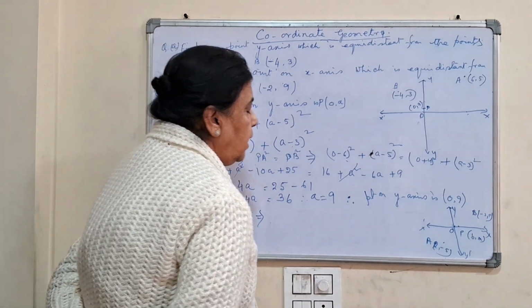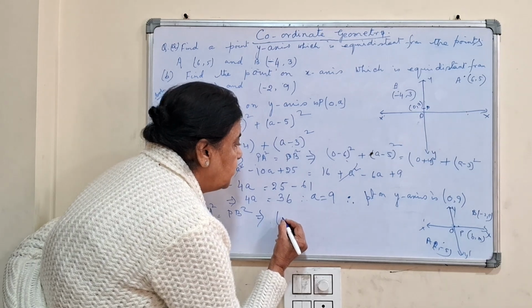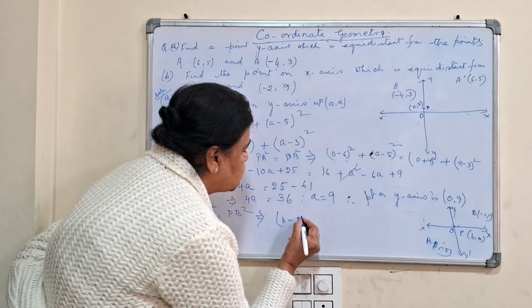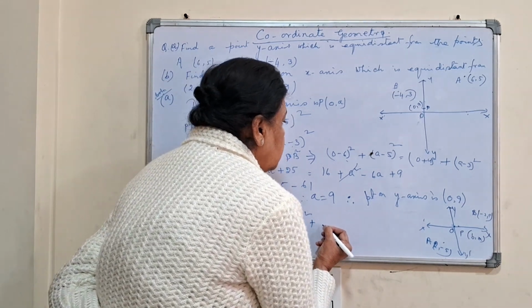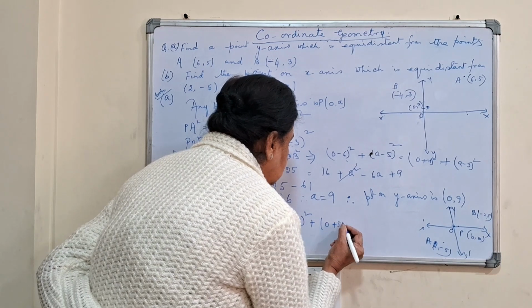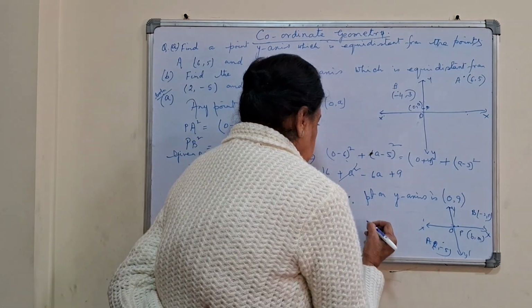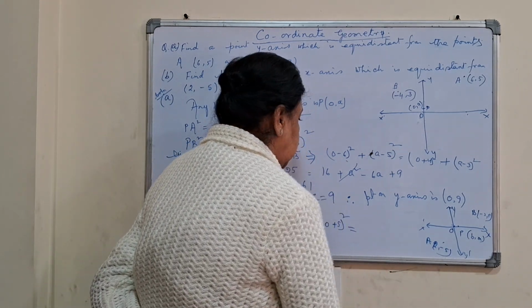PA square is (b minus 2) whole square plus (0 plus 5) whole square, which is equal to PB square.